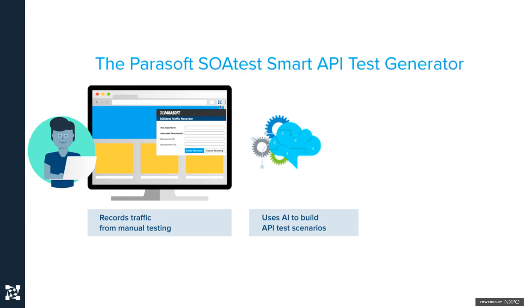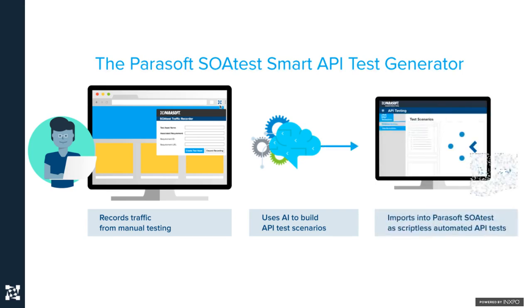That traffic is sent to the AI engine, where it analyzes the data, identifies patterns and relationships, and then generates a test case that I can reuse continuously, plugging into my CI/CD pipeline without the need for the UI. So this is the first flow: leveraging AI to build the patterns and relationships into the tests.